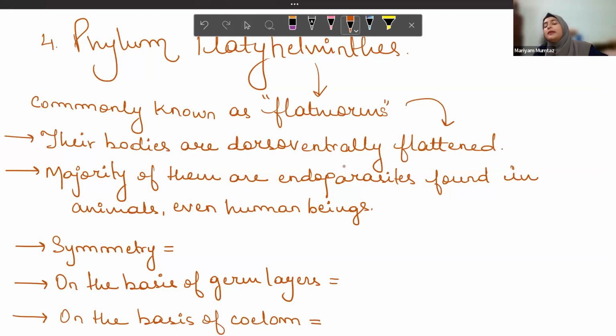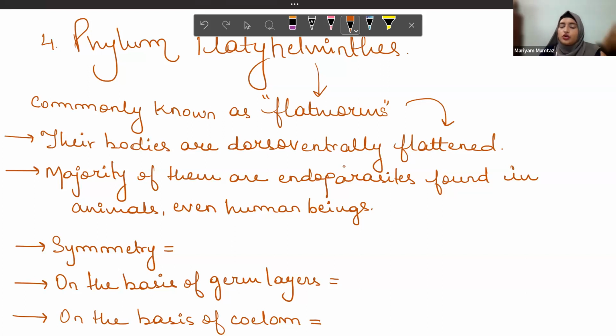Because all the members of this phylum have bodies that are dorso-ventrally flattened. Dorso means the back side, ventral means the front side, meaning it is pressed from both sides, the back side as well as the front side. So that is why the name flatworm has been given.